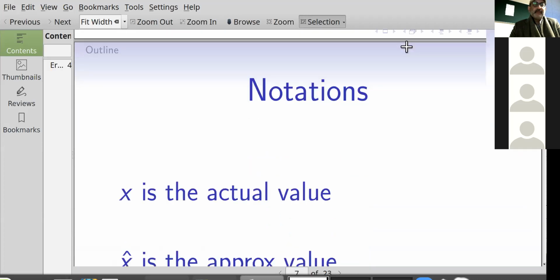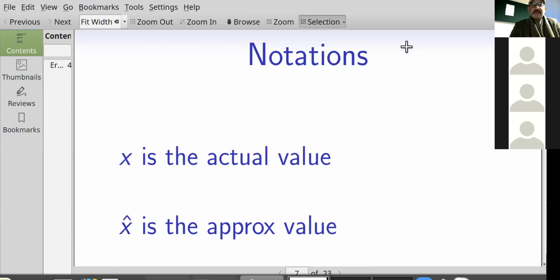Okay, so here's some notation that I'm going to be using. If I use x without any decorations for the actual value, let's say x is equal to pi, then I will use x hat for the approximate value that's being used in my calculations. So if x is the real value, say x is equal to pi, then x hat might be something like 3.14.